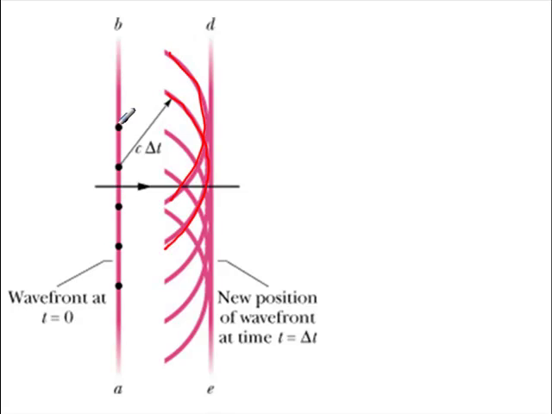So we imagine each of these sending out a spherical wave, but at a time delta t, sometime later, they all reinforce one another, add up constructively, and we have constructive interference here, where the wavefront should be a time delta t later. So just by adding together the spherical waves, we get the plane wave moving forward as we expect it to.